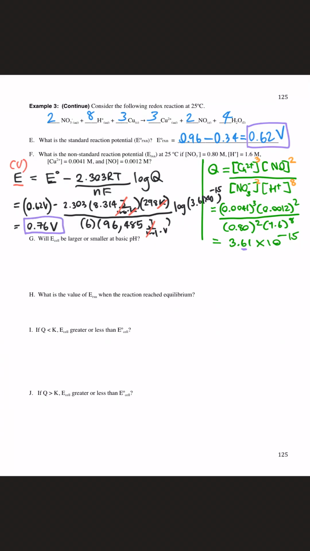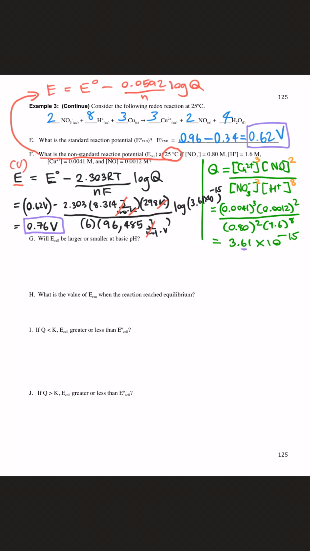Note that because this non-standard reaction potential is asked at 25 degrees Celsius, you can use another, modified Nernst equation, which is equal to this equation right here. Plug in the same values of E naught, n, and log Q, and you are going to get an identical answer to this one.